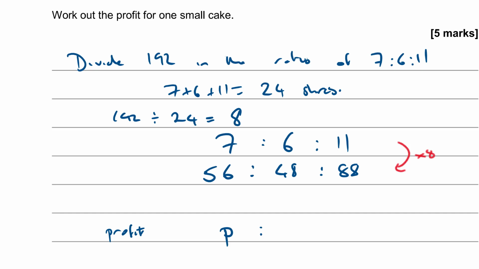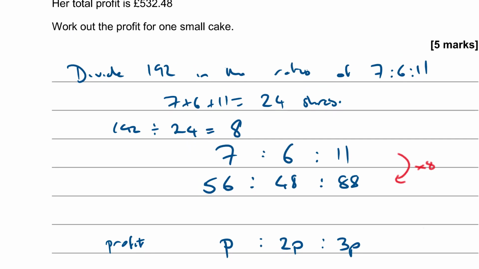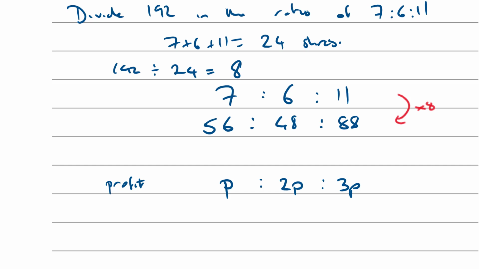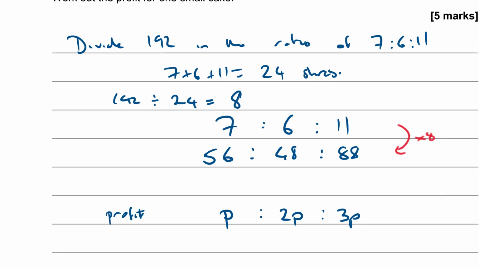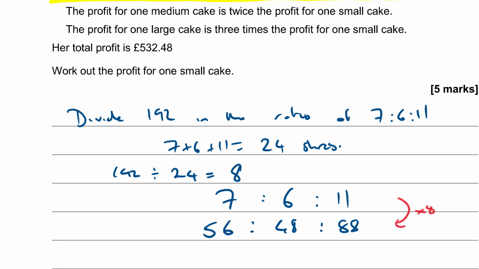It would be twice the profit of a small one, so that would be 2p. And the profit for one large cake is 3 times the profit of one small cake. So the ratio of their profits is p to 2p to 3p, where p is the profit on one small cake.